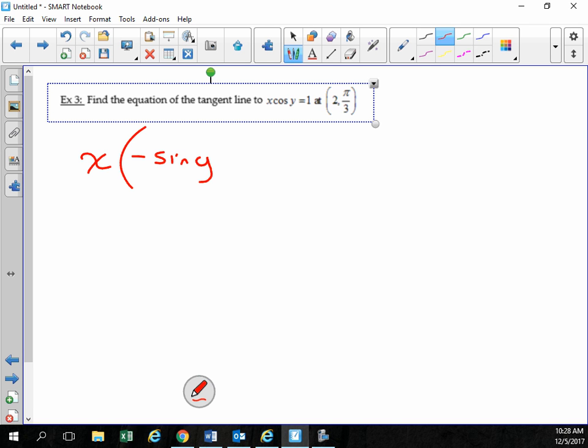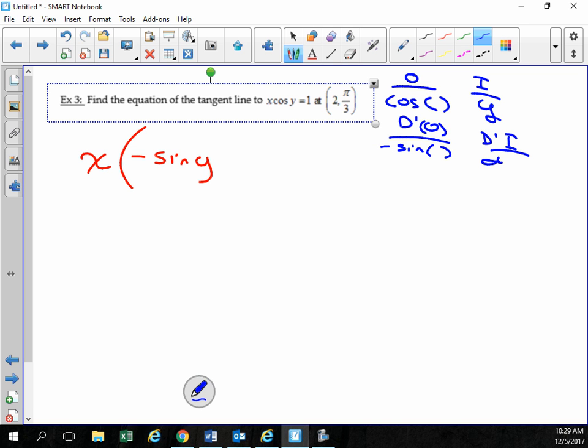So the moment the variable is a y inside a cosine, you better use chain rule. Outside is cosine, inside is y. Derivative of outside is negative sine. Derivative of inside is dy dx.